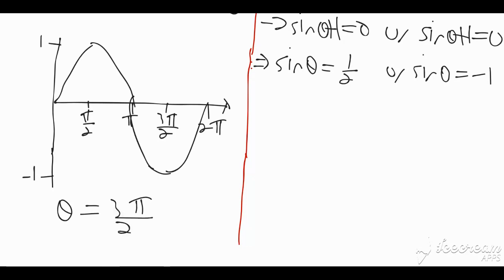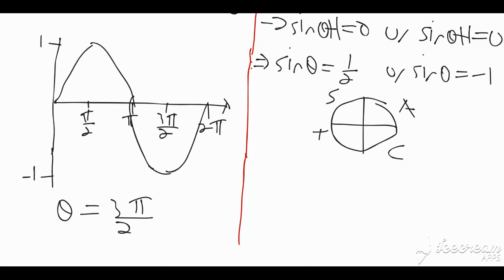Alright? Let us look at the second scenario. Sine theta is equal to a half. Now, bear in mind that for this scenario, we could go to our quadrants here. And to recall this, we said that all science teachers are crazy. So sine is positive in the first quadrant and in the second quadrant.